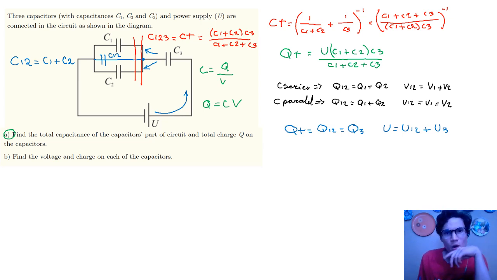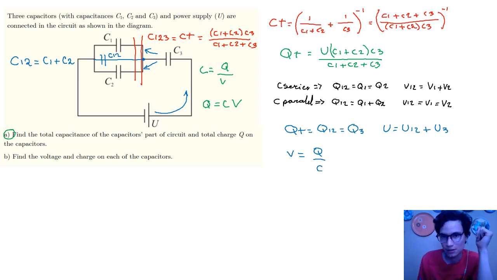But we can also use the equivalence that voltage is equal to charge over capacitance.